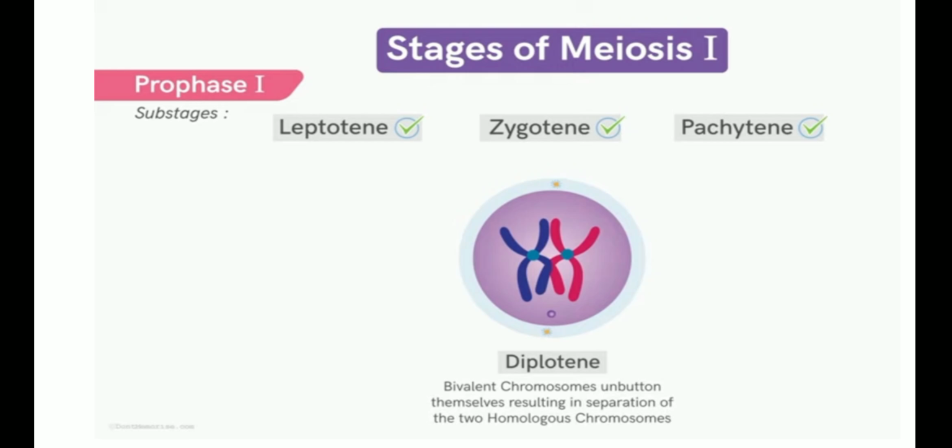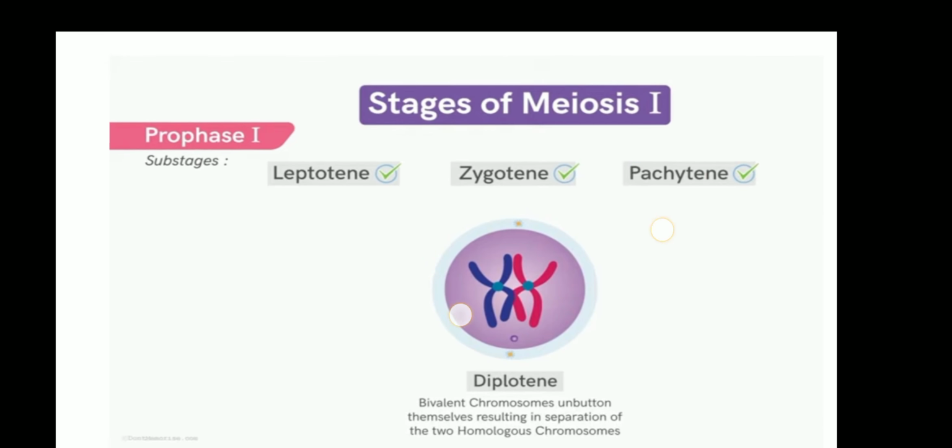That results in terminalization. This stage we say is terminalization. Remember, diplotene. They are trying to move away from each other after sharing the DNA material. And next stage is what?